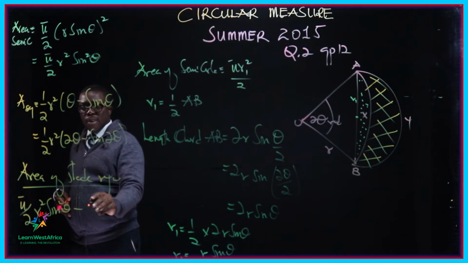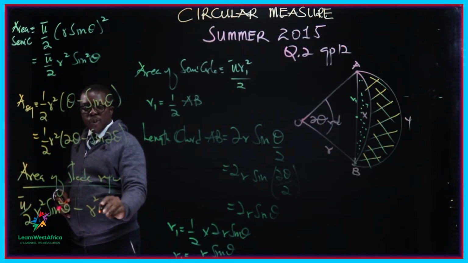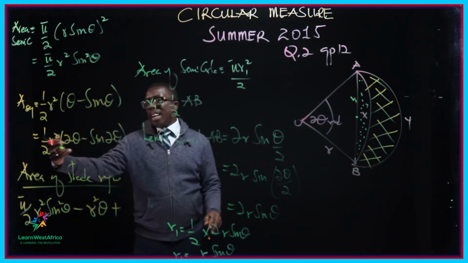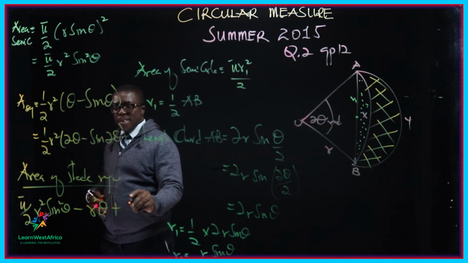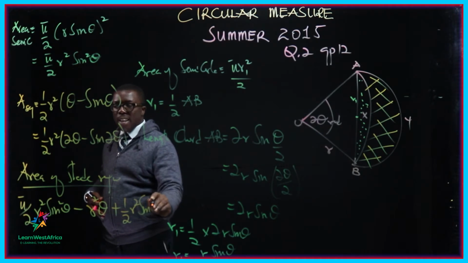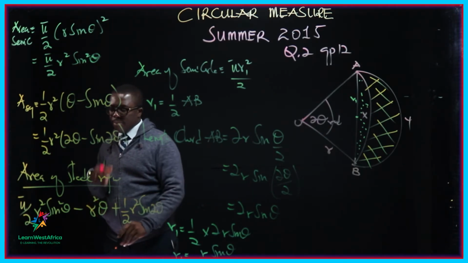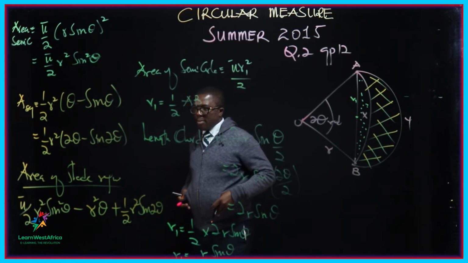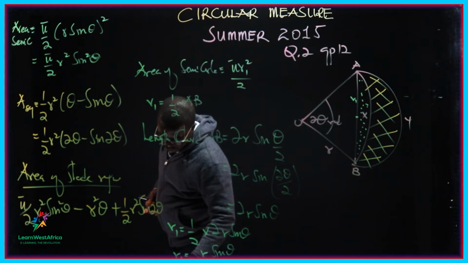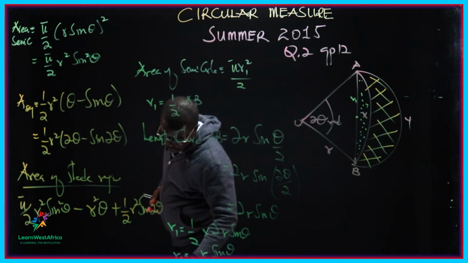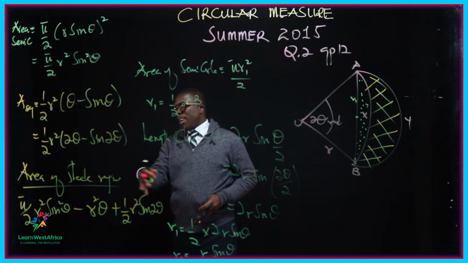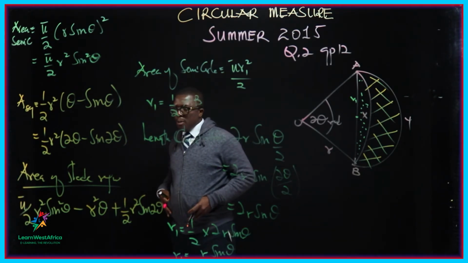So 2 to cancel that, minus r squared theta, plus, because we are subtracting a negative, half r squared sine 2 theta. Are we okay with that? Okay, so that is it. It makes it pretty simple for us to simplify.